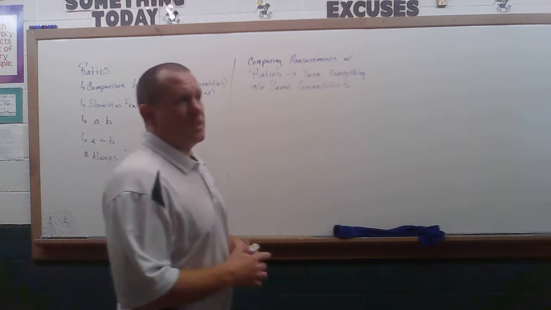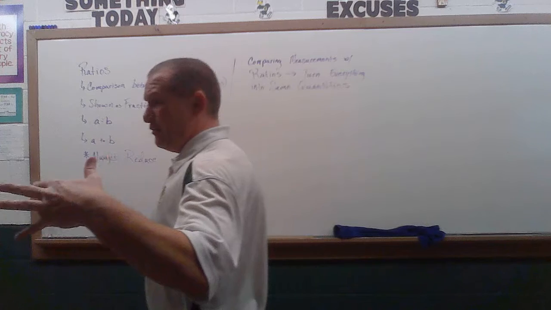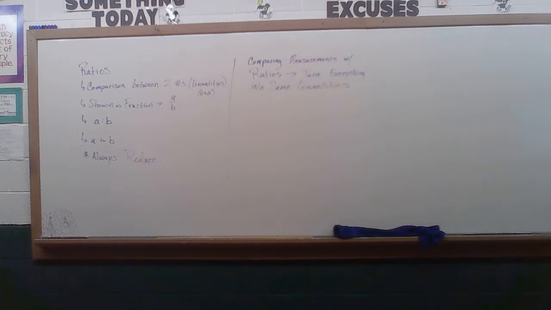Okay, so basically what we're saying is we want inches to inches, not inches to feet, and so on and so forth. So if they say express the ratio of 10 roses out of 12 flowers, now here's the difference, okay? If you think about roses to flowers, they're just what? It's still a flower no matter what we really think about it. It's just a more specific flower, right?